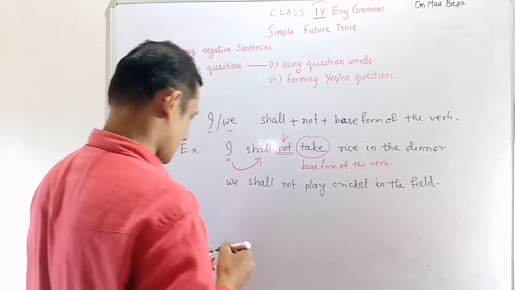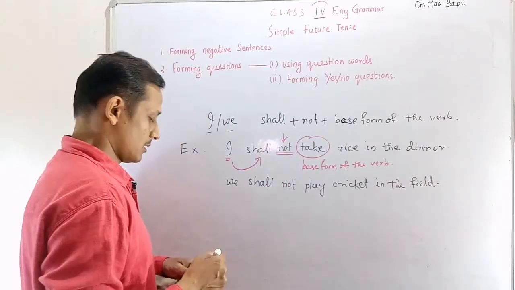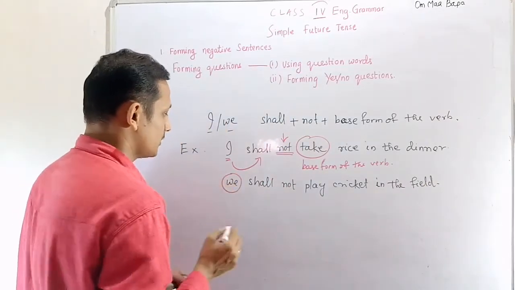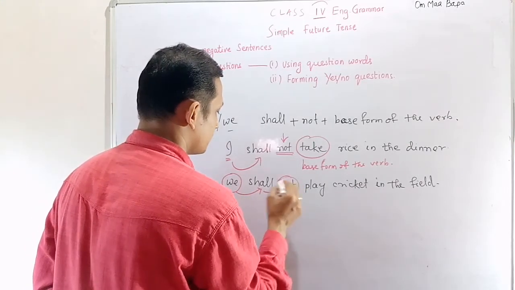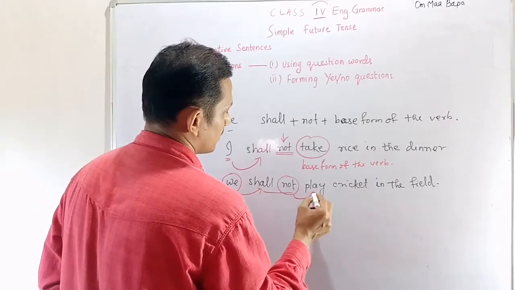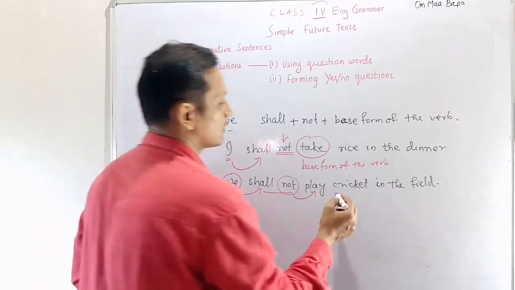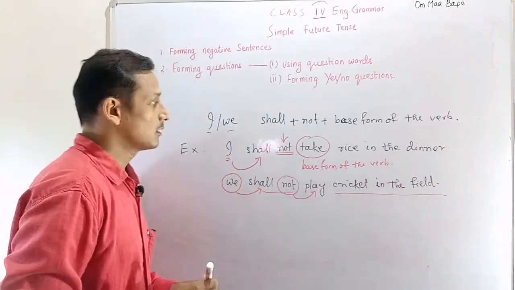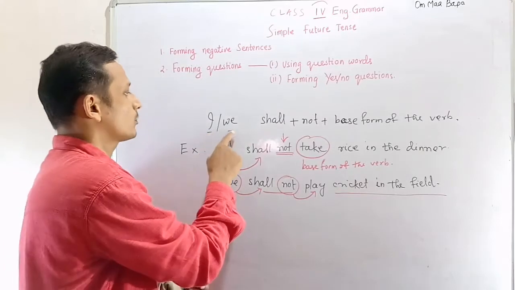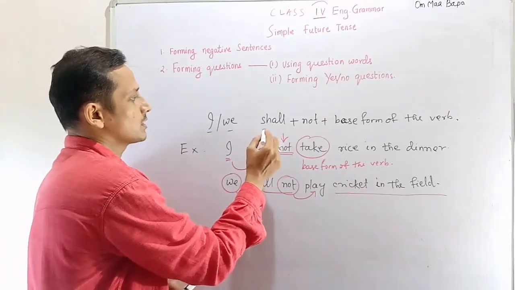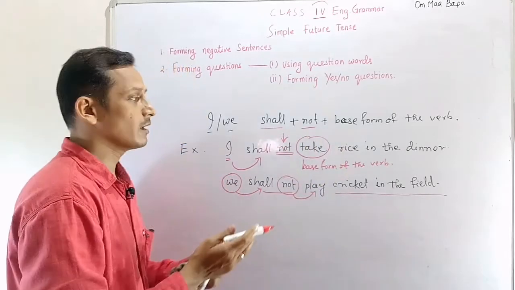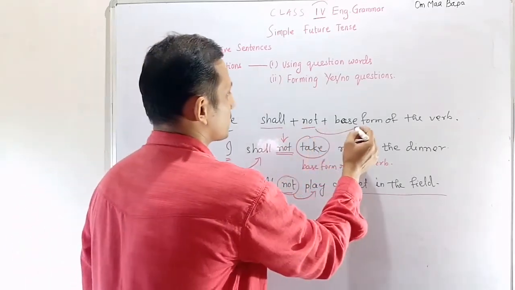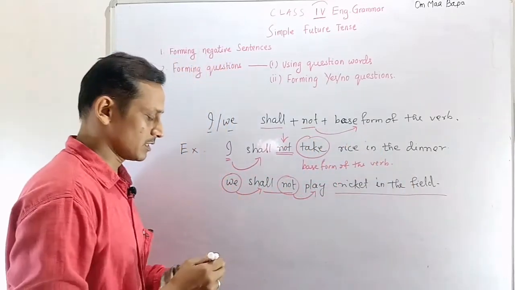Here the subject is we, so shall is used, then the negative, then the base form of the verb, then the rest of the sentence, right? When I or we is there, we must use shall, then not, for forming a negative sentence, then the base form of the verb, then the rest of the sentence.